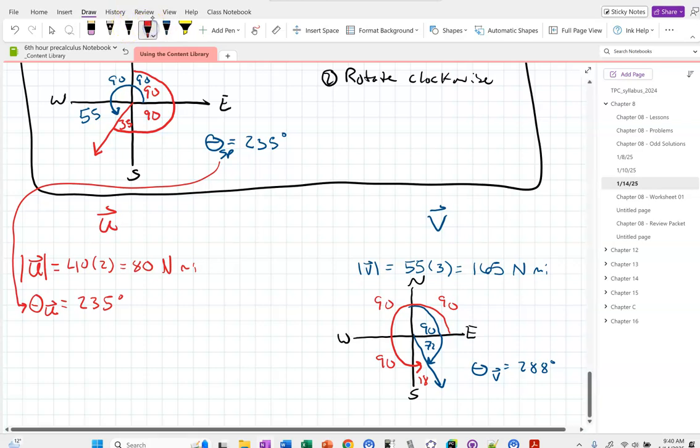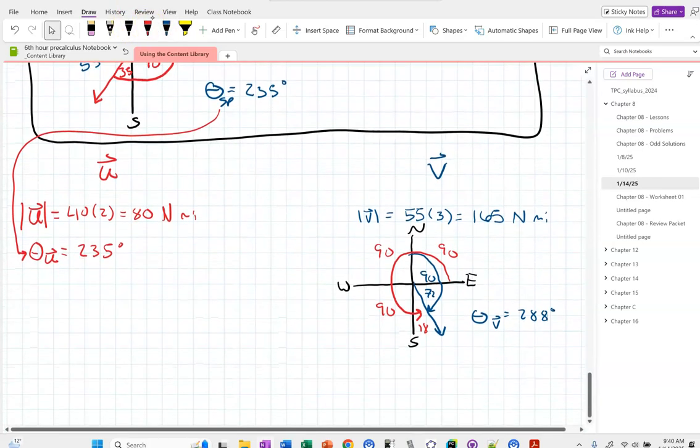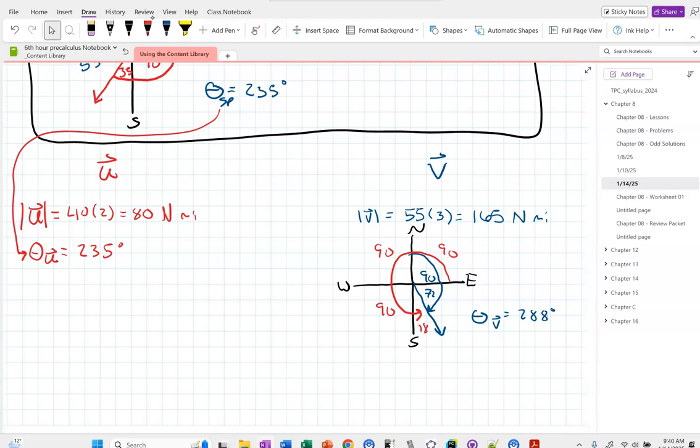Okay. Now that I have translated the information into vectors as magnitudes and directions, I'm going to convert these vectors into component form because it makes all the vector operations easier to do.